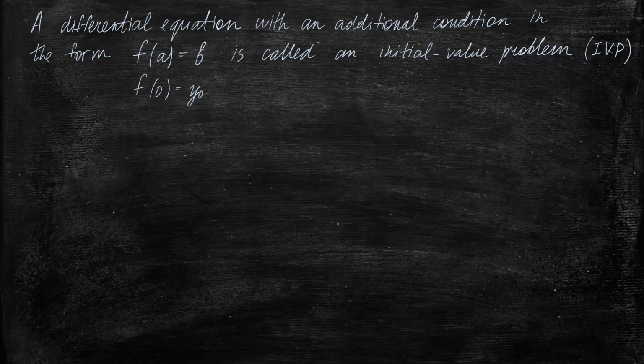So if you know the output of the function initially, then you should be able to figure out the function. So this is, again, what we call the initial value problem, and this is what we refer to as the initial condition. And here's an example.